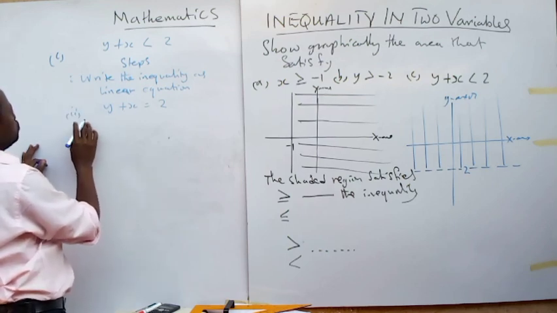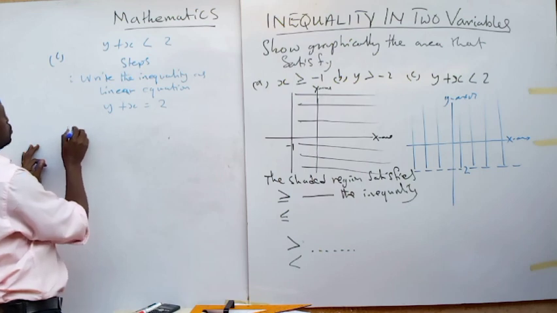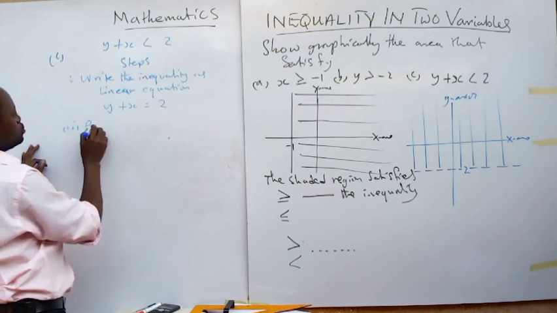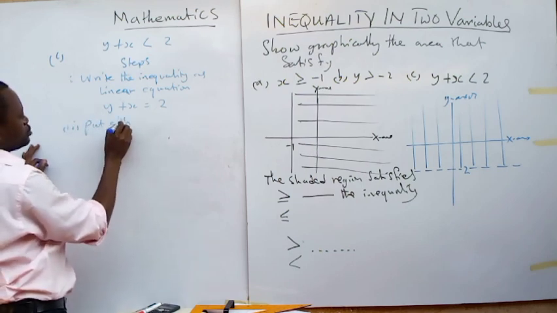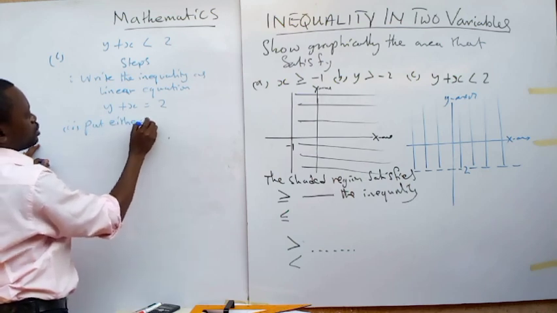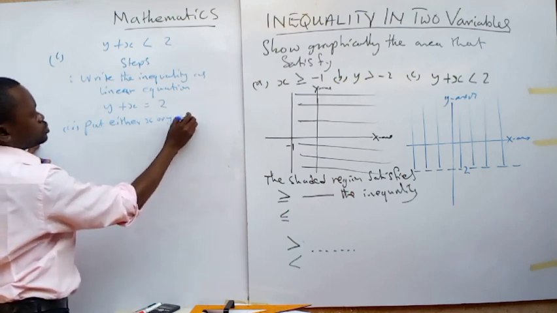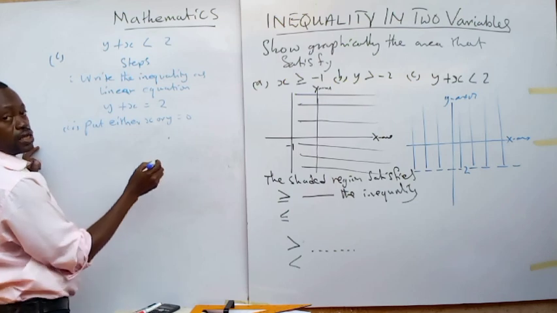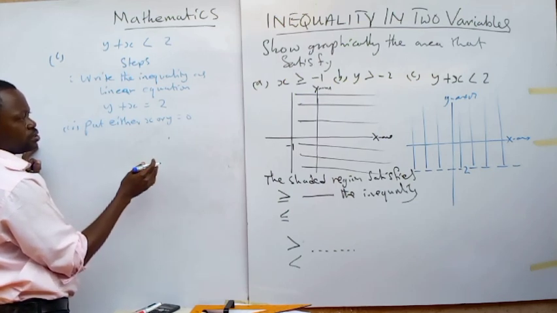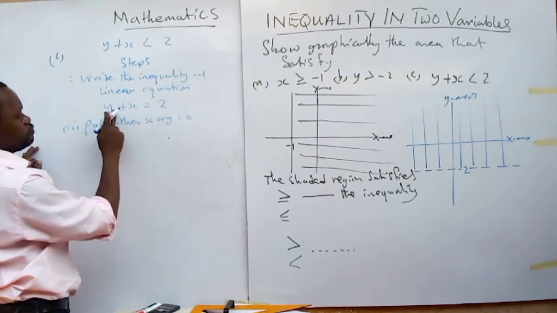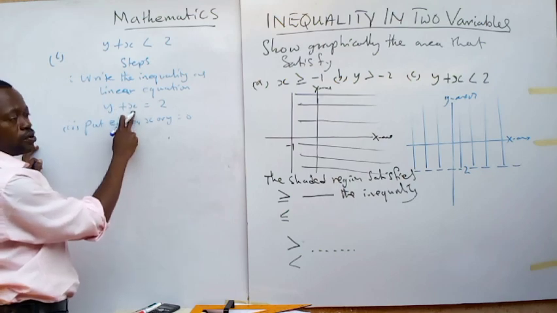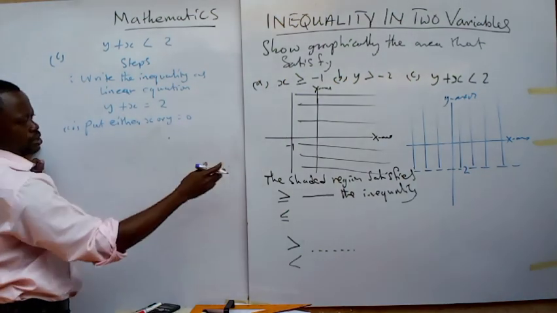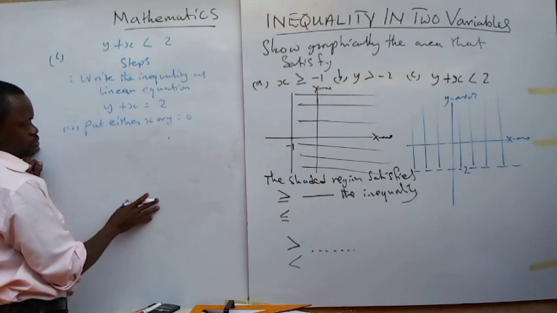The next step is put either x or y equals to 0. Okay, the essence of that is just to get the intercept of either x or y, to get their intercept on the Cartesian plane, the x and y axis.